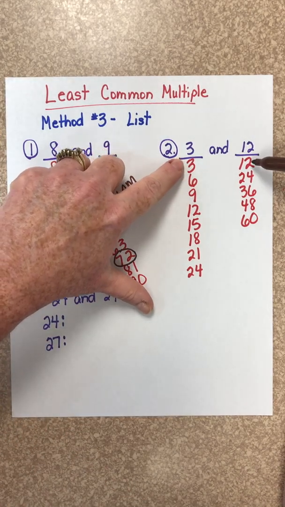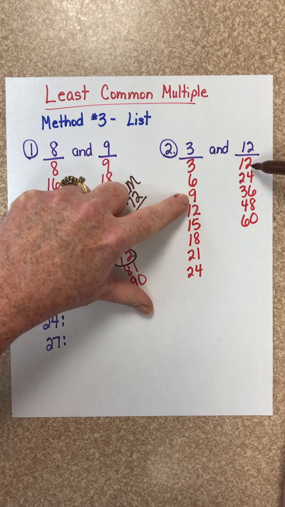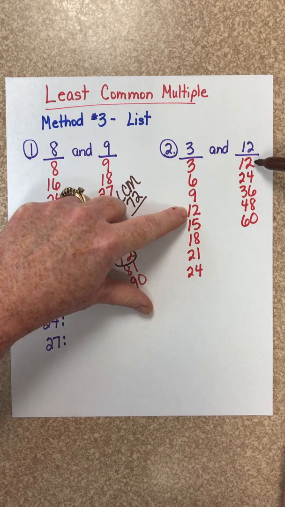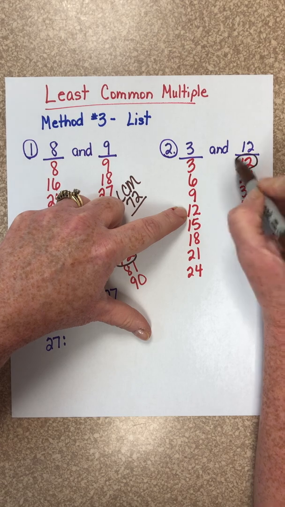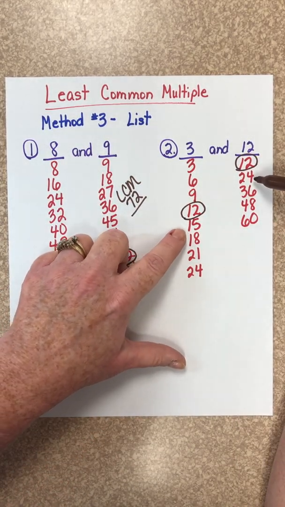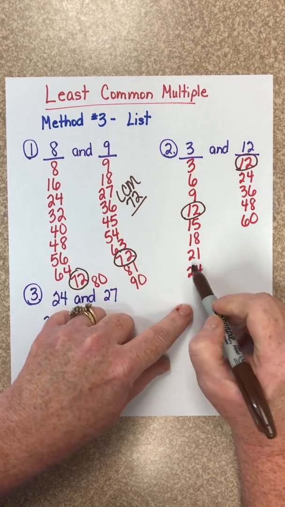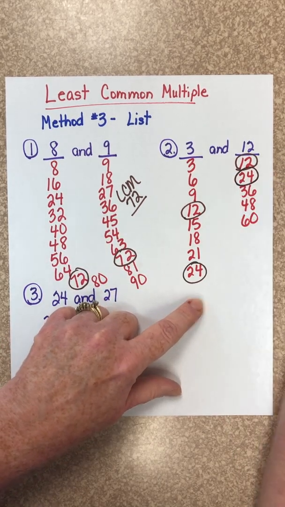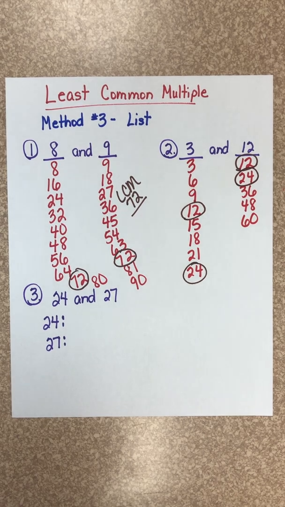So here's 3 and 6 and 9, and well, here's a 12 and here's a 12. But if I keep looking, I have 24 and here's a 24. So could we have two answers, that the least common multiple of 3 and 12 is 12 and 24?